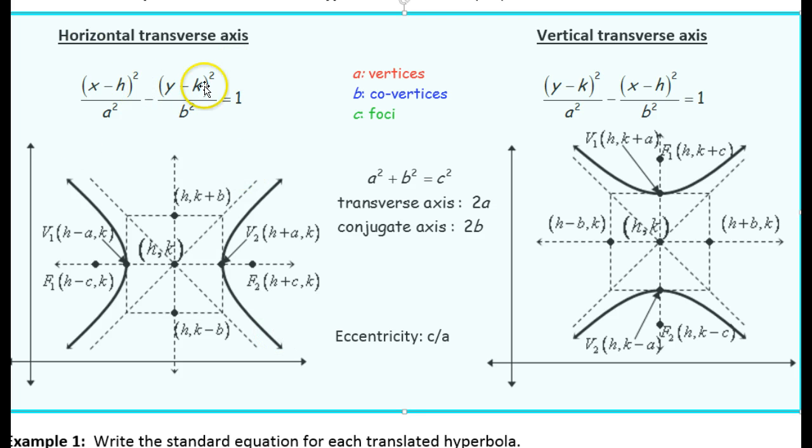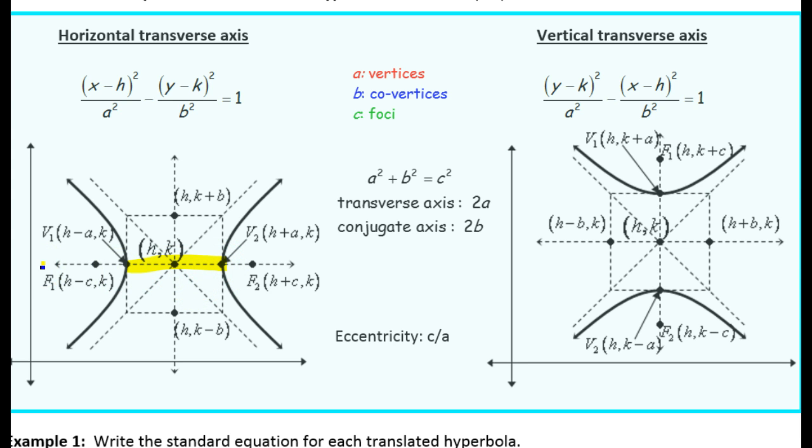Now, looking at the standard form equation of a hyperbola, you have to pay attention to whether or not the hyperbola is horizontal, or you could say the transverse axis is horizontal, where the segment connecting the vertices is the transverse axis.